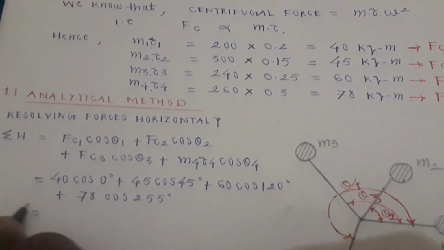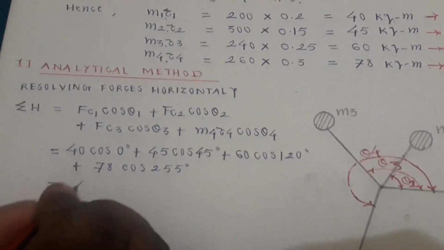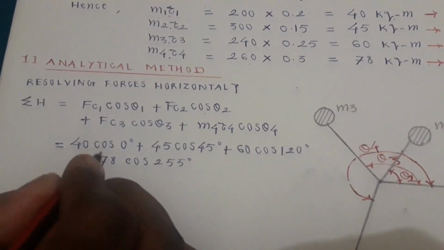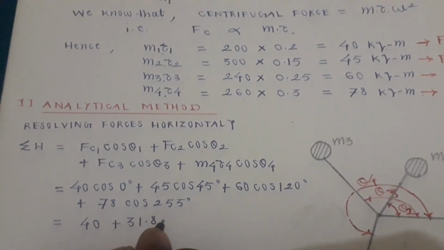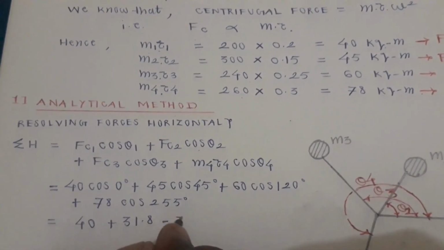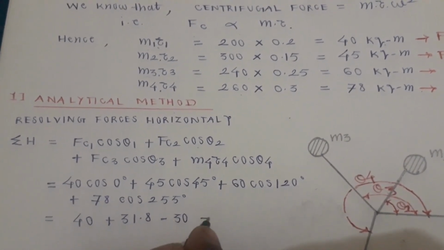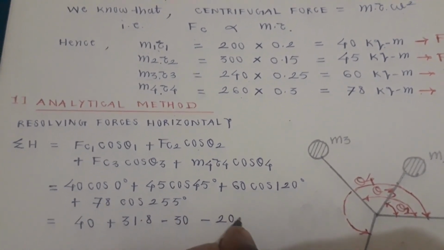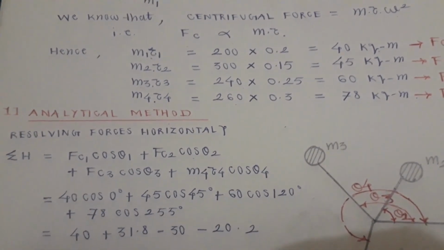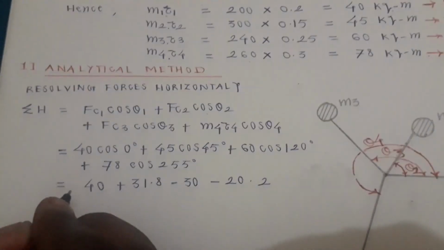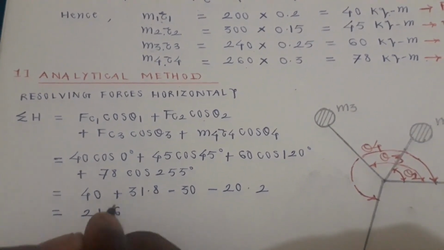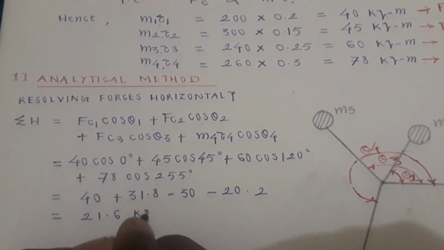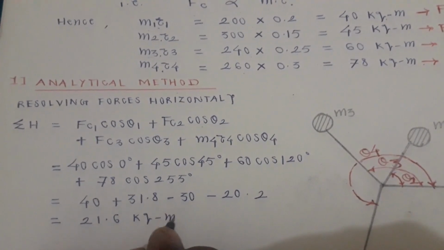So if you solve, we'll get this as 40 plus 31.8 minus 30 minus 20.2. So after simplification I will get this value as 21.6 kg meter.